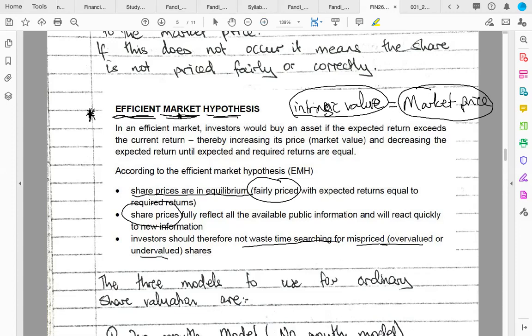However, this theory known as the efficient market hypothesis says if the financial market we buy and sell shares in is efficient, then the value of a share that we calculate, known as the intrinsic value, should be equal to the market price of the share, because everyone has the same information and they price the share correctly.